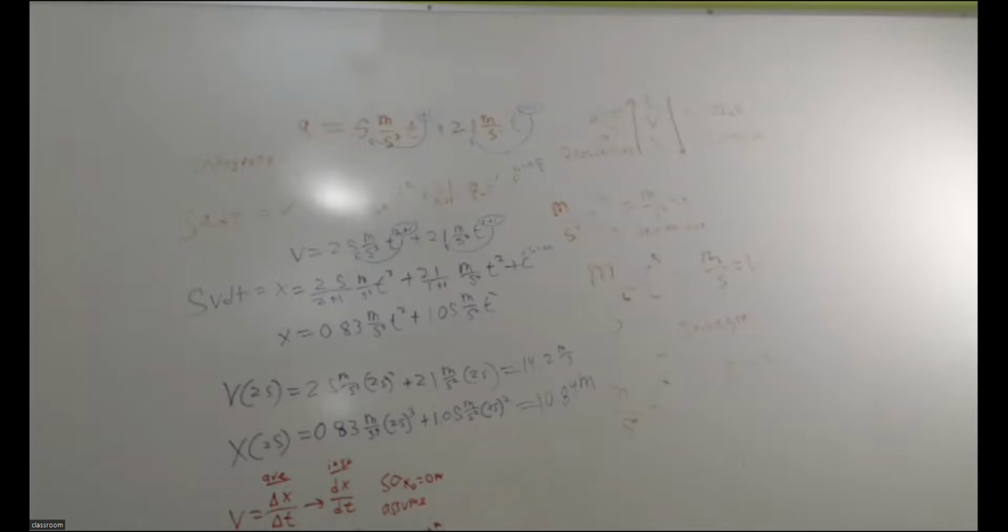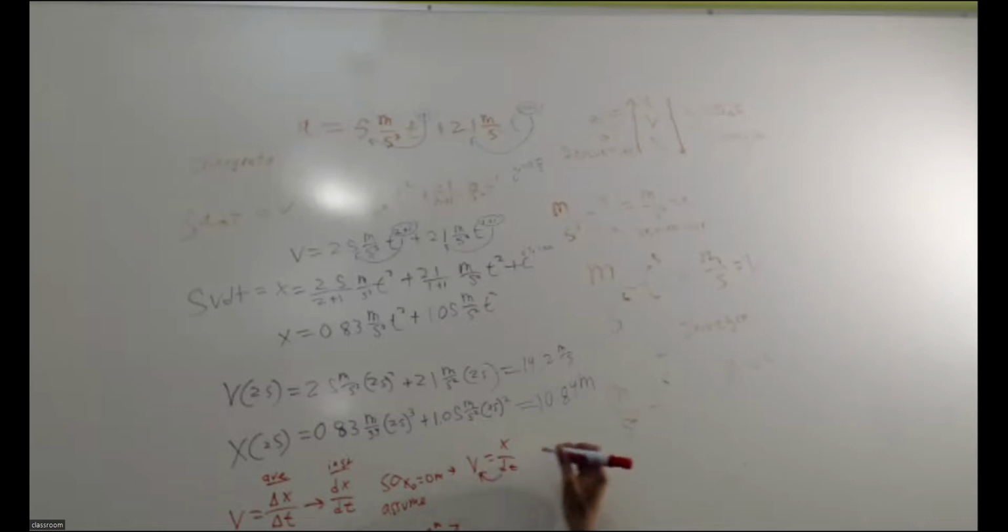So then that means that delta v, delta x, right? So it's just the same. Then we have v is equal to x over dt.